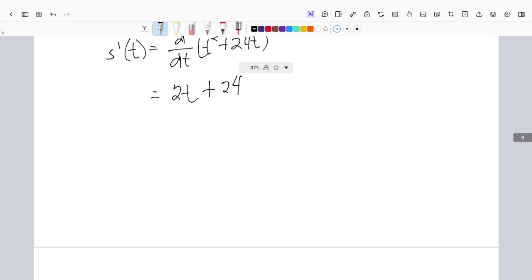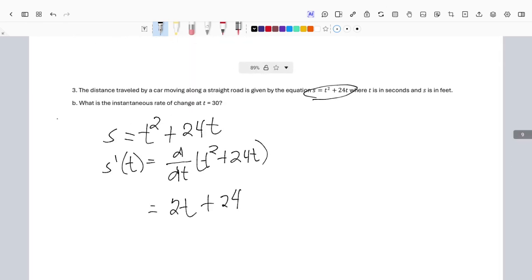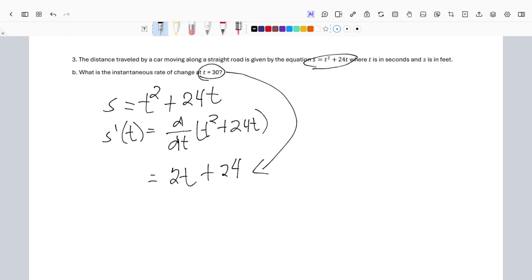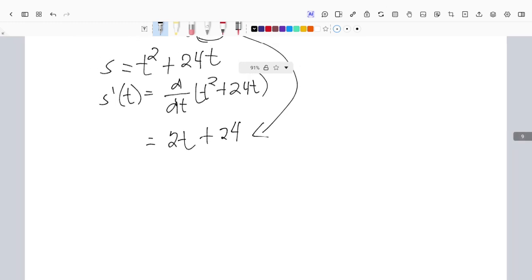And from here, since we already have the derivative of our given, we need to substitute the value of t, which is 30, into this new equation that we got.